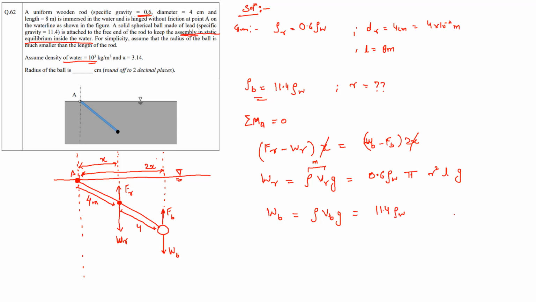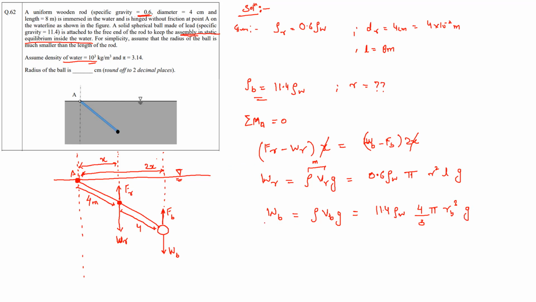The volume of the ball, since the ball is spherical and the volume of a sphere is given by 4 pi by 3 r cubed, and this r is unknown to us. Actually, that's the thing that we need to find, times g.